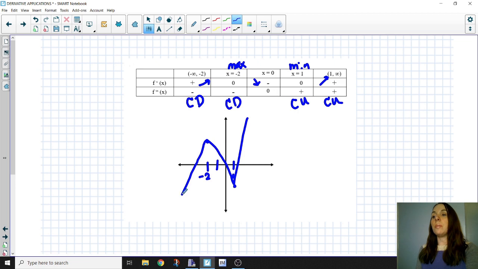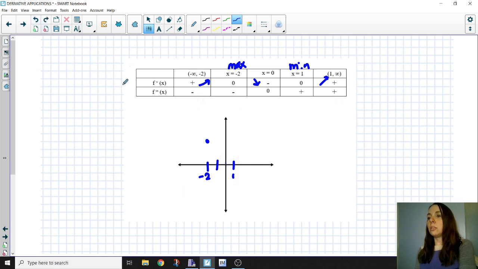Okay, so now what I know is that my curve should be down like a frown until x equals 0, and then U for up. So I am going to erase these lines. Oh, I got to get rid of that, sorry. And I can curve my graph like this.